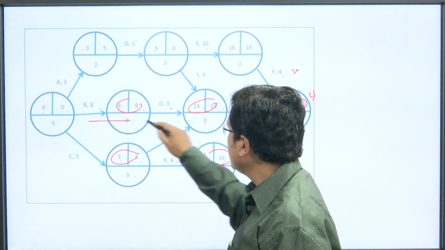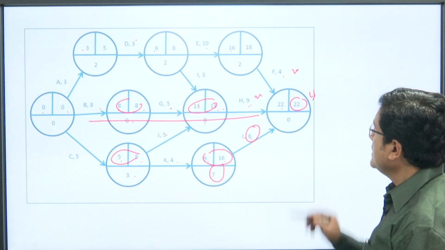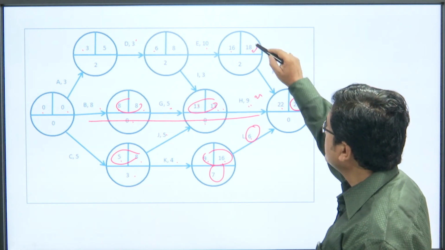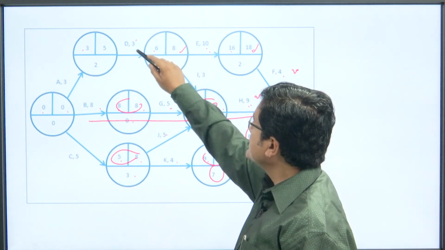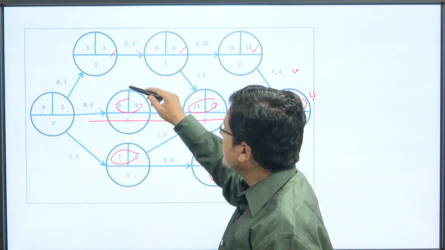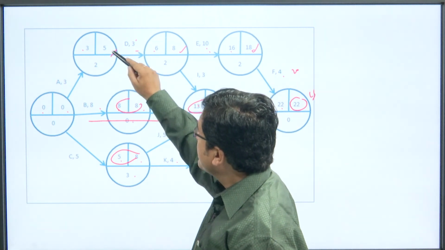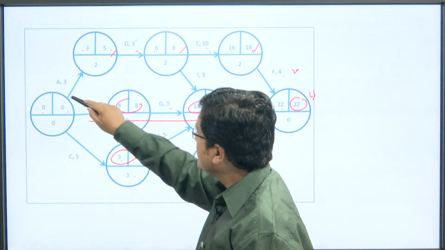So, this will be the path. 22 minus 4, 18, 18 minus 10, 8, 8 minus 3, 5, and then this 3. So, it is not 0, therefore we will not include this one.